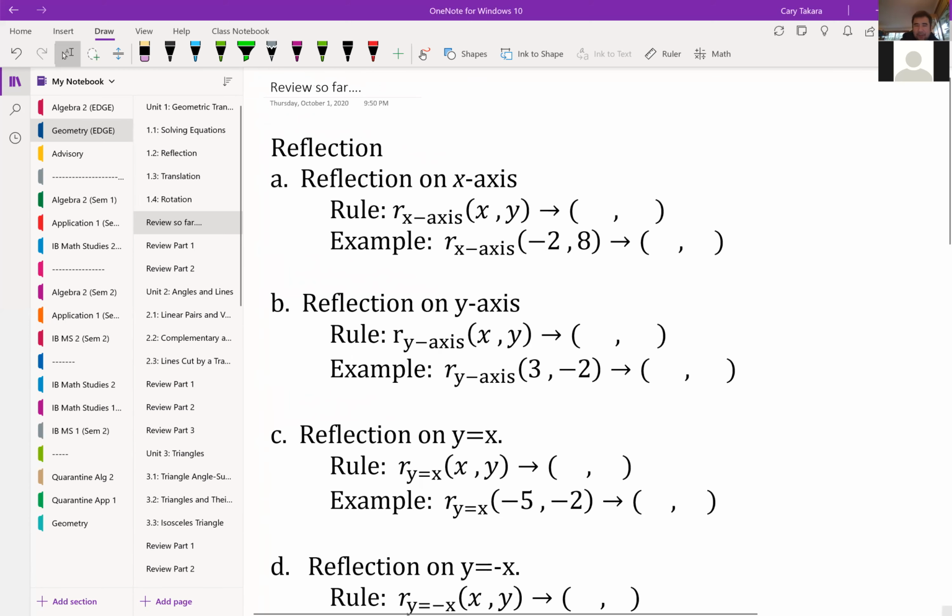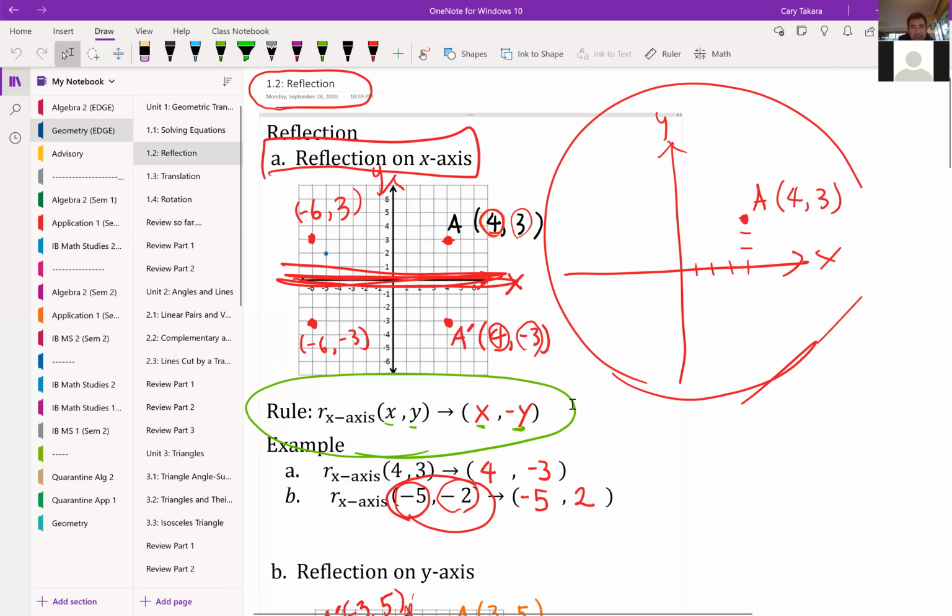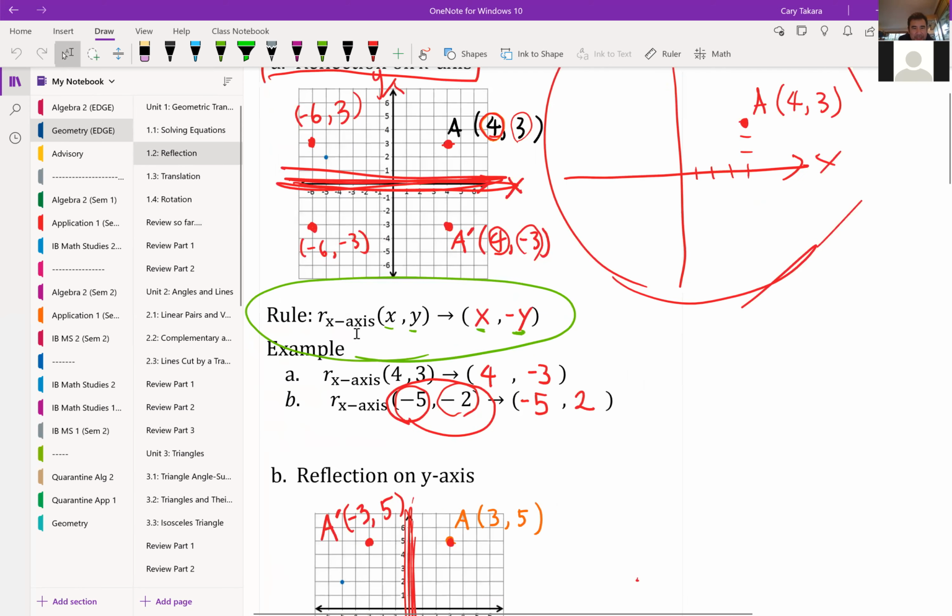The first thing that we've talked about on a reflection is the reflection on the x-axis. Now let's review the rule here. For the reflection on the x-axis, it is going to be x and negative y.